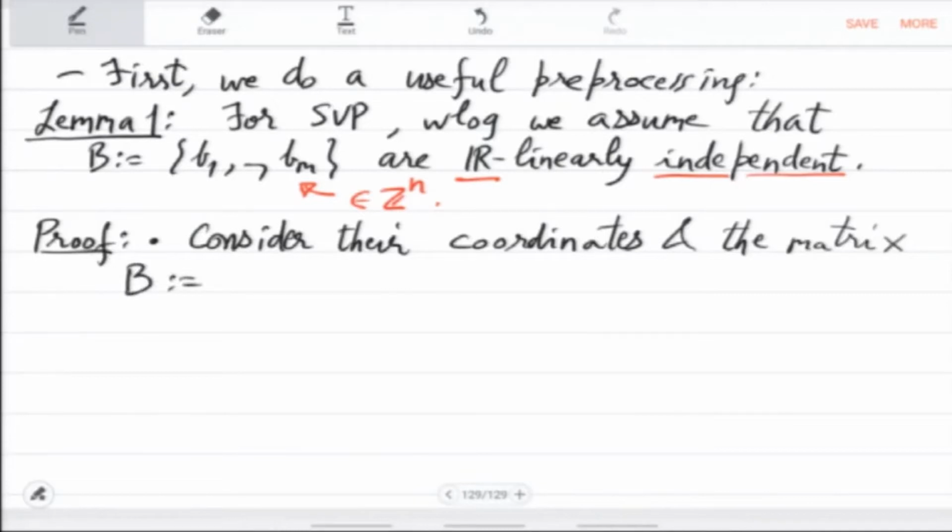I use the same B. B1 has coordinates B11, B12 to B1n, where n is the ambient space. Then the same thing you do with B2, and finally with Bm.